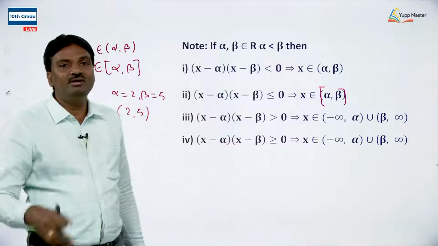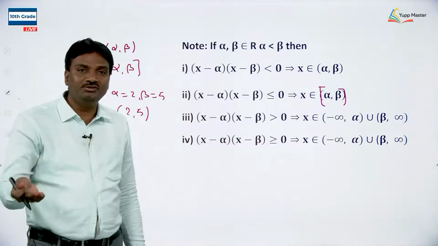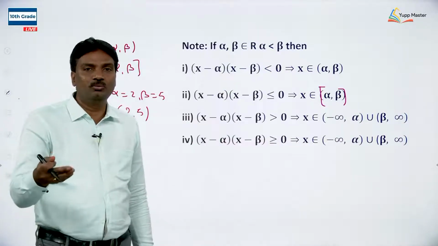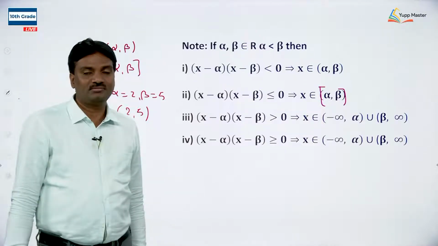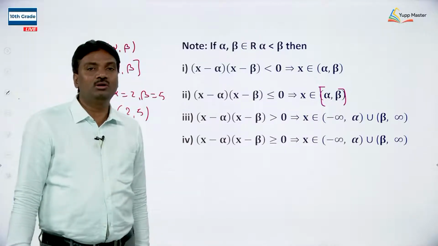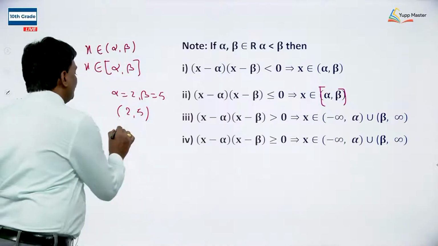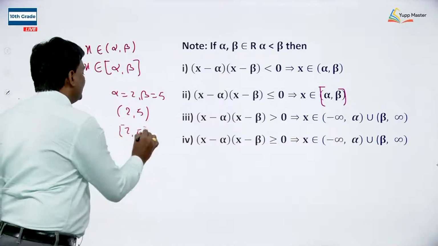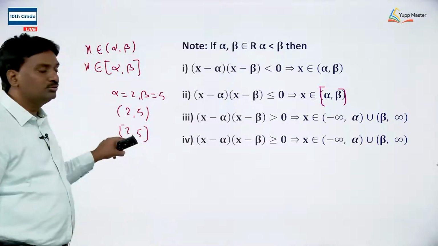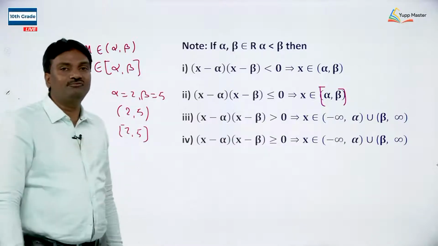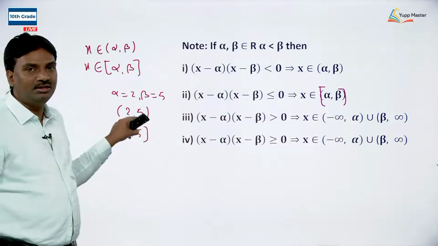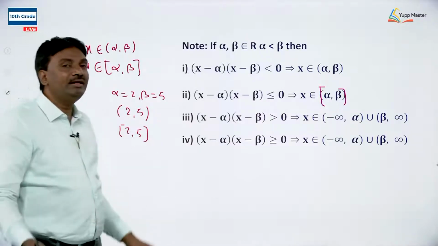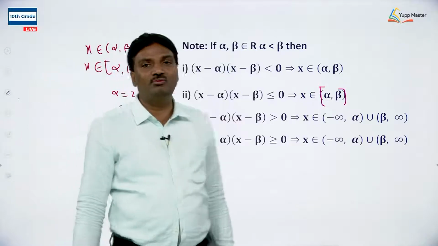Between 2 and 5 means you may take 2.01, 2.02, 2.3, 4.999, but don't take exactly 2 or 5. The meaning of the closed bracket [2, 5] is that we can take both 2 and 5 also.